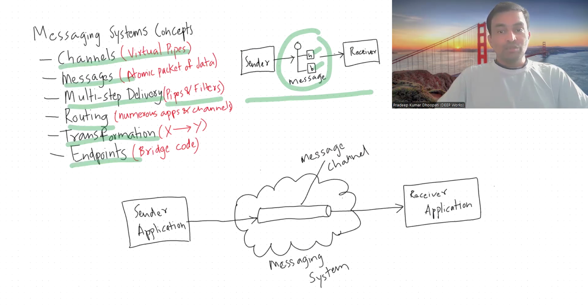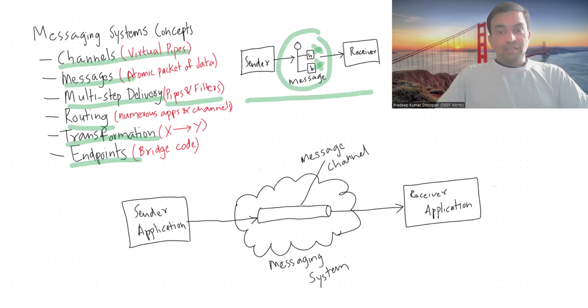The body is usually ignored by the messaging system. The body is what the sender sends, and it is transmitted to the receiver as is, without altering anything in the messaging system. And the receiver doesn't really focus on the header of the message, but it needs the data inside the body of the message to extract and process it further.